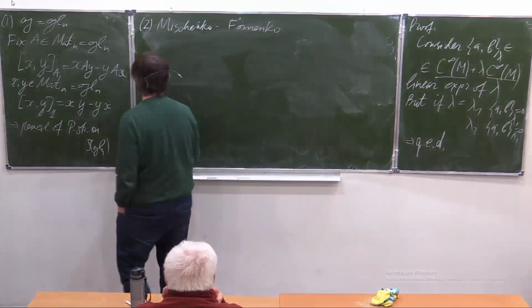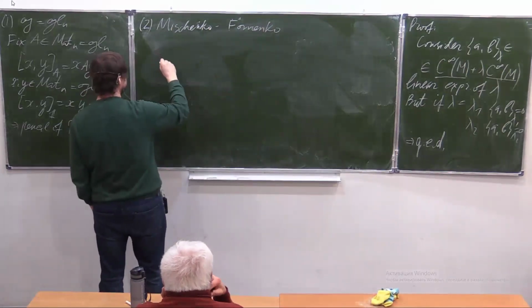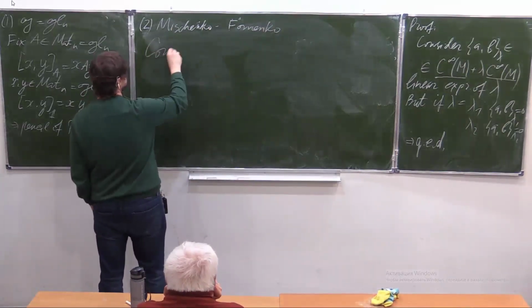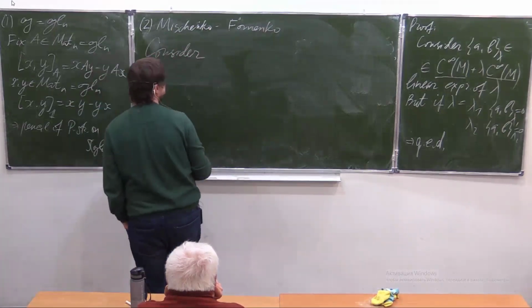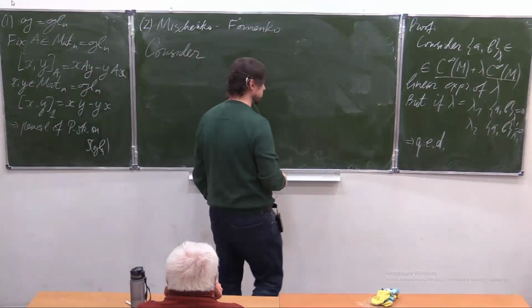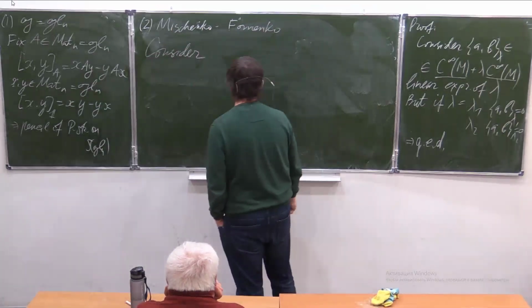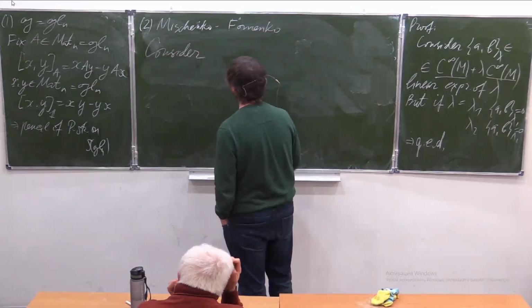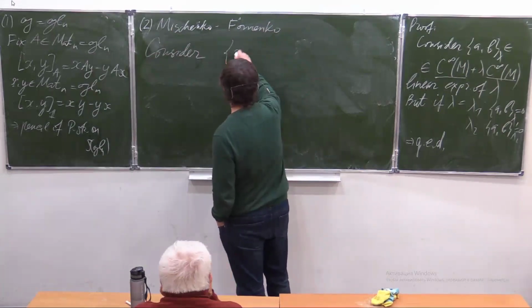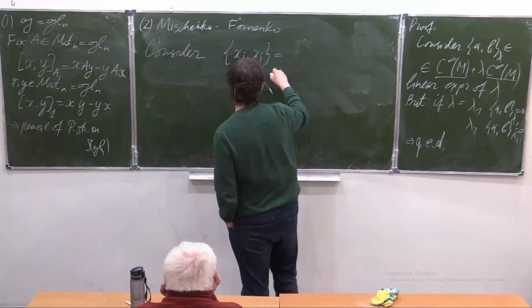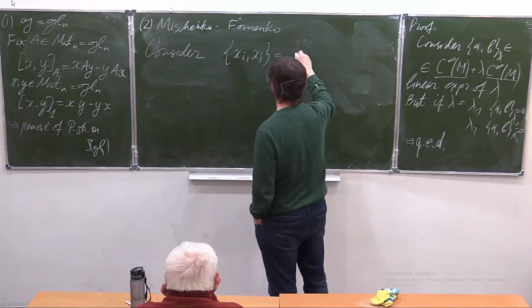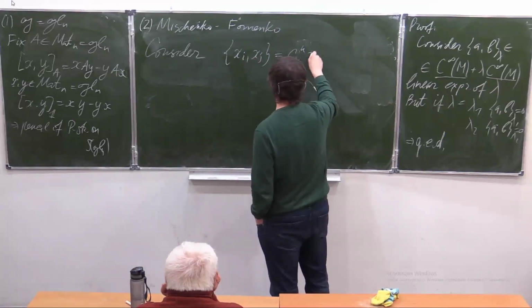Consider the bracket of xi and xj in the form Cijk xk.